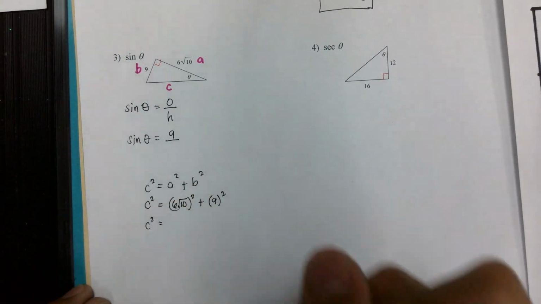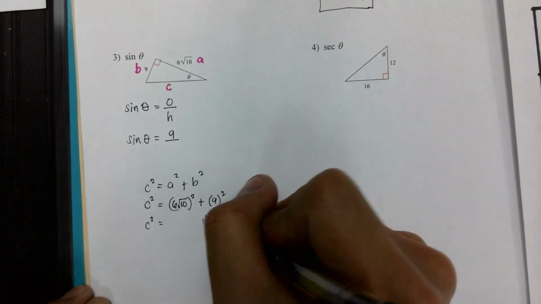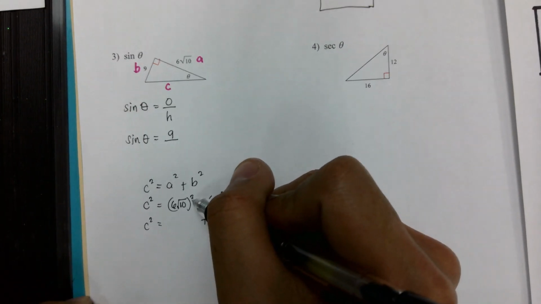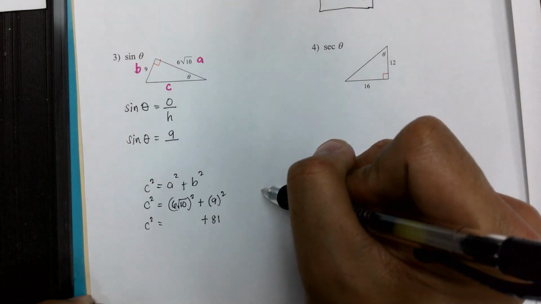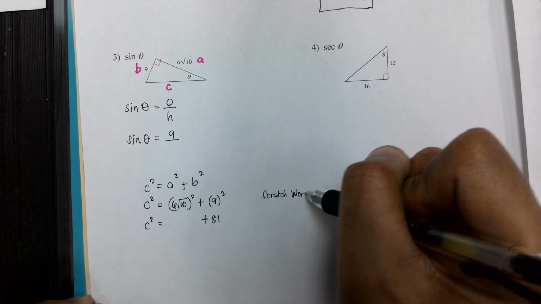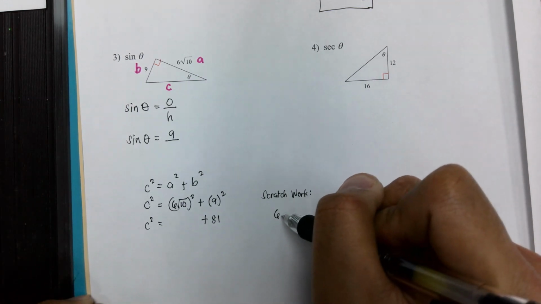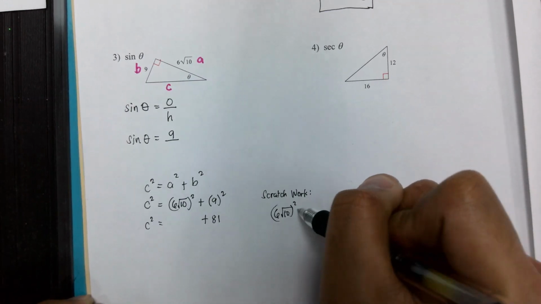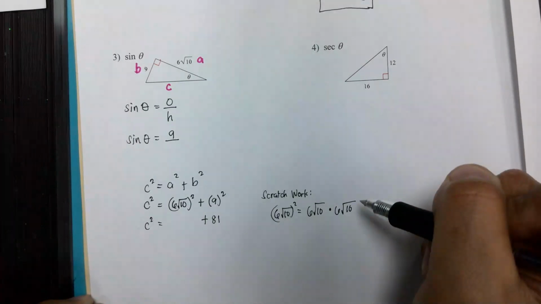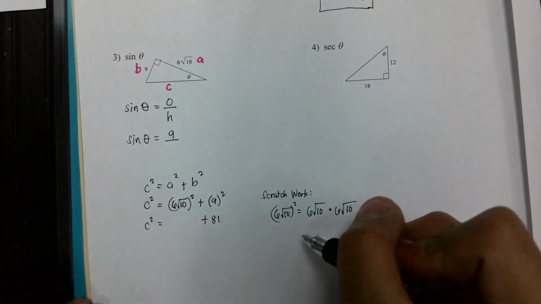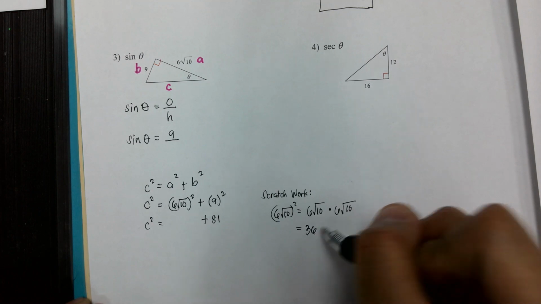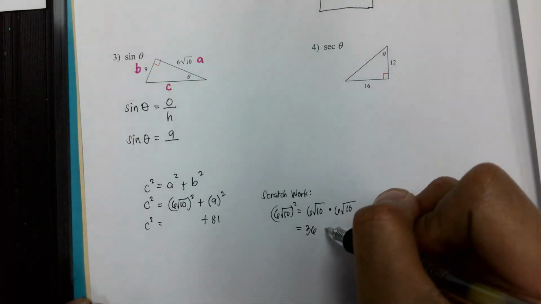Continuing with our solution, 9 squared is 81. 6 square root of 10 squared, in other words, means 6 square root of 10 multiplied by itself, and that means 6 and 6 can be multiplied, which makes it 36.